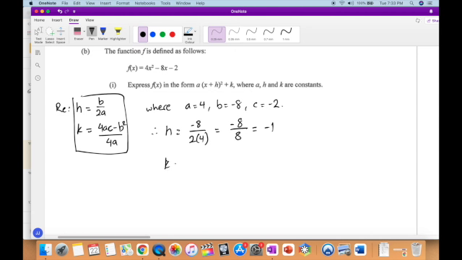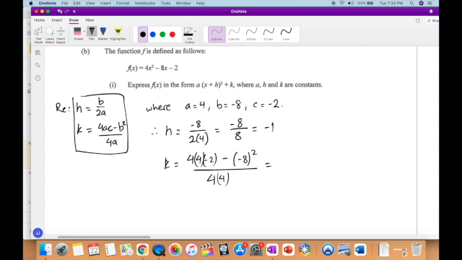K now is 4a, which is 4, times c, which is -2, right, minus b squared. So b is -8 squared, all over 4 times a, which is 4, right? So what do we get here?